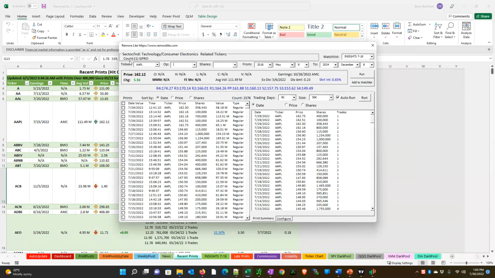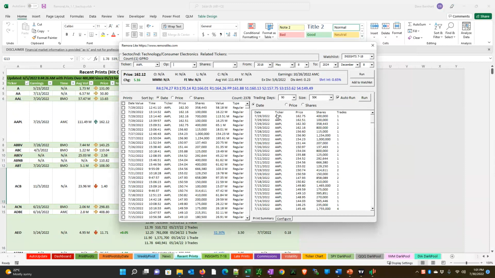So since we started tracking Apple, there's 2,378 prints, individual trades since January of 2019. Now, the interesting thing here is that this second grouping is a summary of the first grouping.